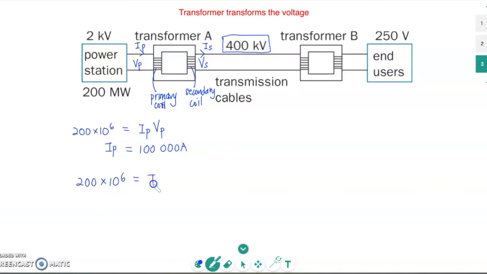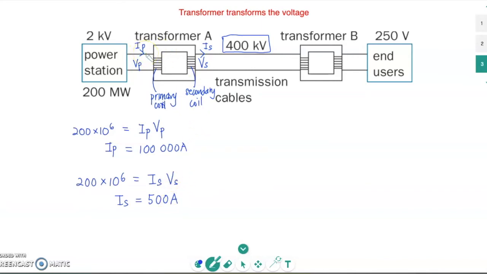With the voltage at the secondary coil at 400,000 volts, the current at the secondary coil would be 500 ampere. That is significantly lower, many times lower than the current in the primary coil.